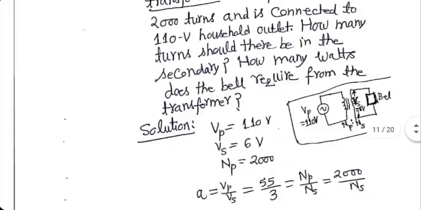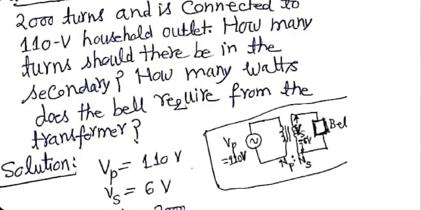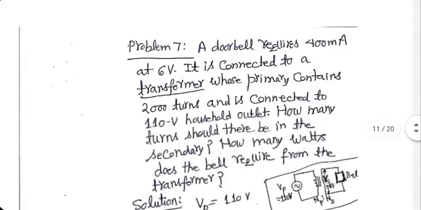What we are doing is the doorbell is connected to the secondary and actual supply of 110 volt is connected to the primary. The secondary current is the current that the doorbell needs, which is 400 milliamperes.